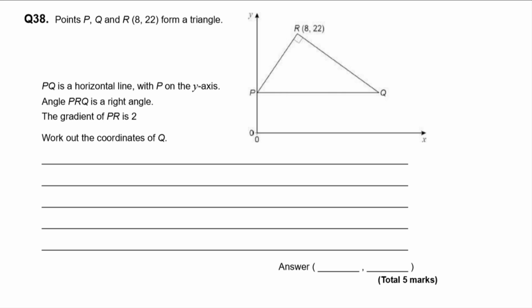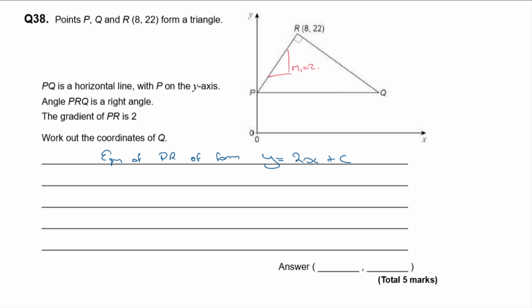Okay, it's interesting. Right, so we know the gradient of PR. PR has got a gradient of 2. So if I did change in y over change in x, I'd get a gradient of 2, wouldn't I? So the equation of the line PR is going to be of the form y is equal to 2x plus c, because we know the gradient is 2.